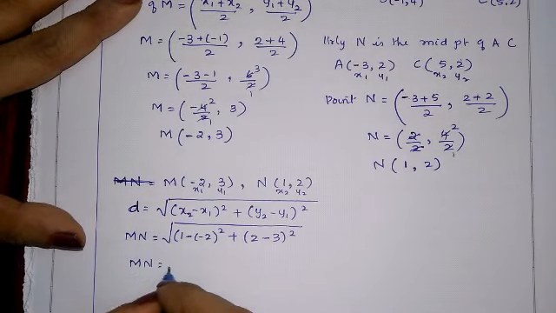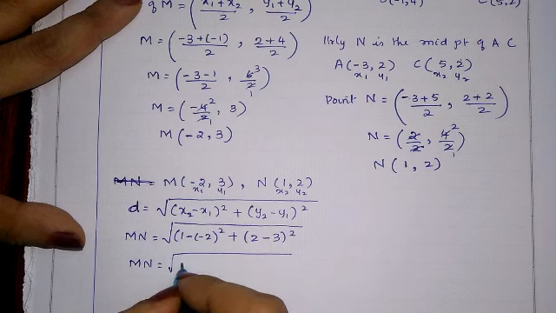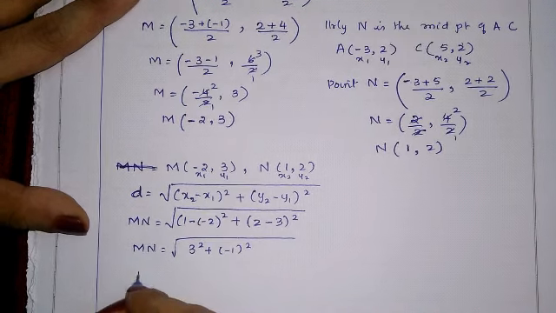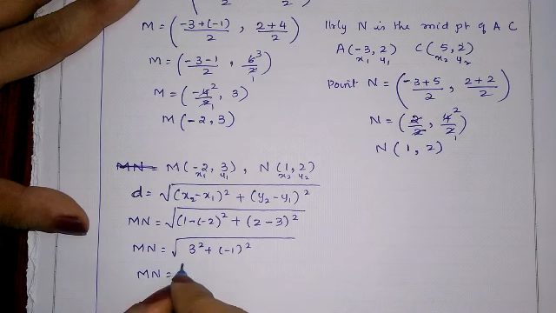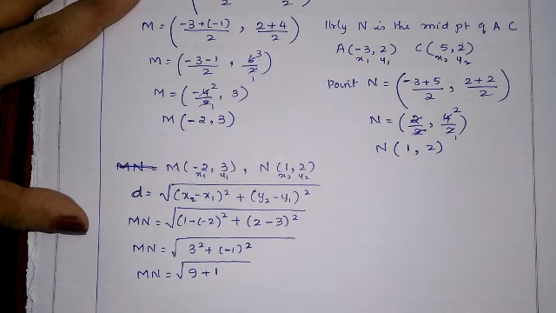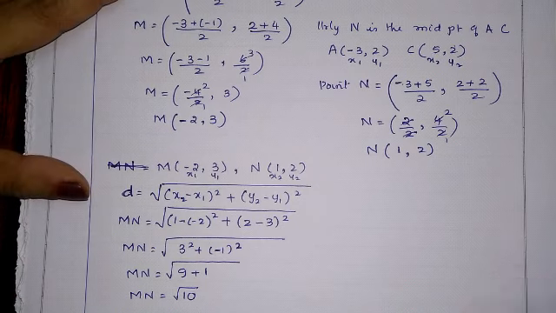MN is the root of (1 + 2 = 3) square plus (2 - 3 = -1) square. MN is equal to 3 square is 9 plus a negative number squared is positive, plus 1. So MN, we got, is root 10.